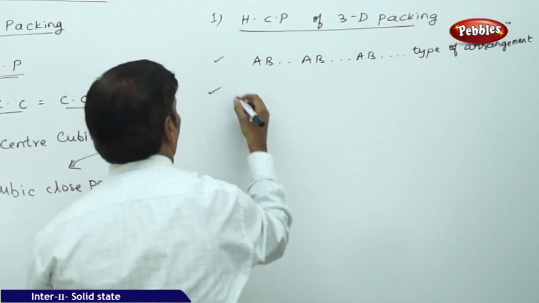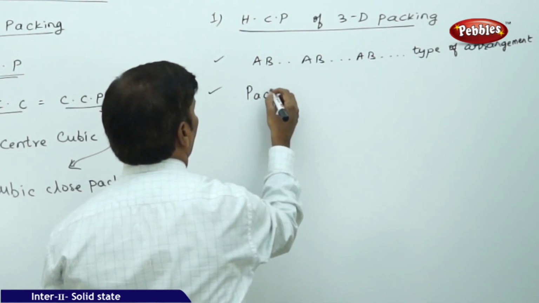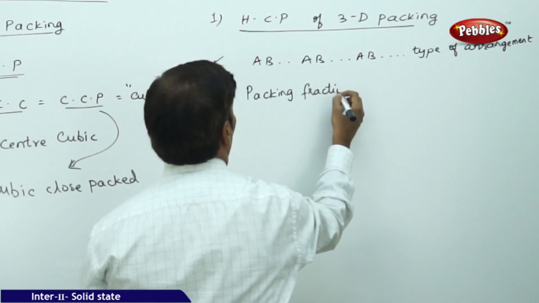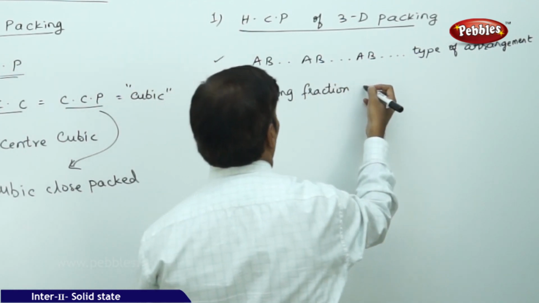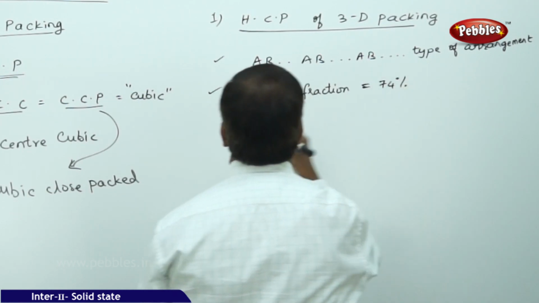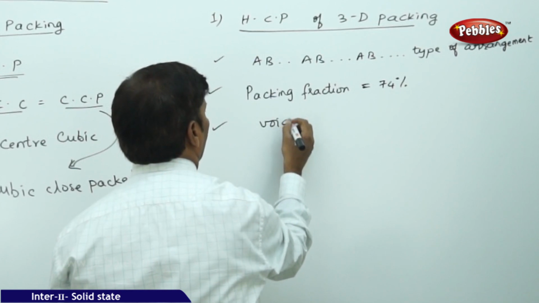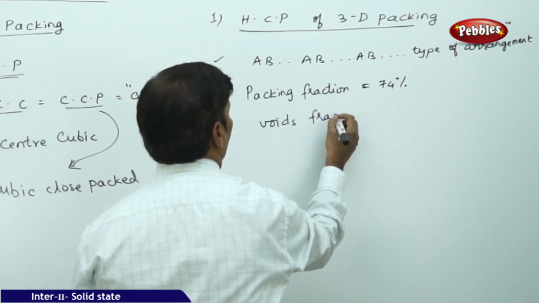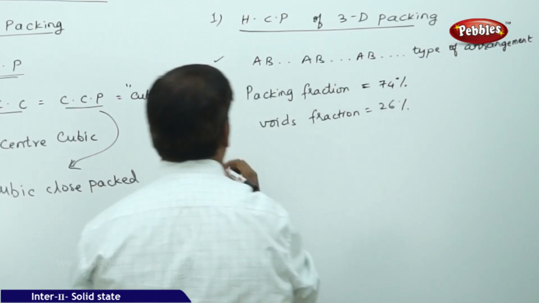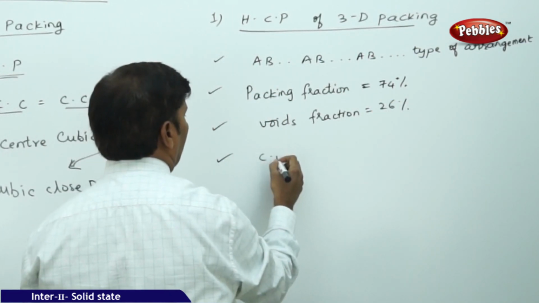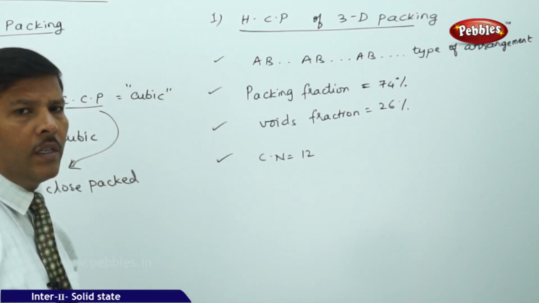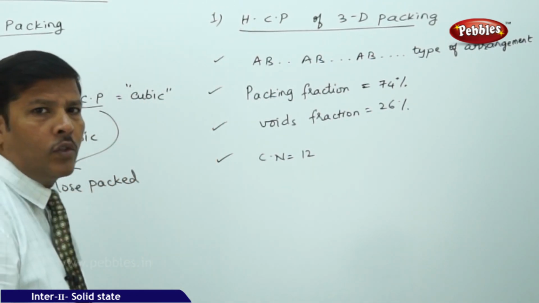Next is packing fraction percentage, which is equal to 74%, and voids fraction is 26%. Here the coordination number of the hexagonal close packed in 3D packing is 12.